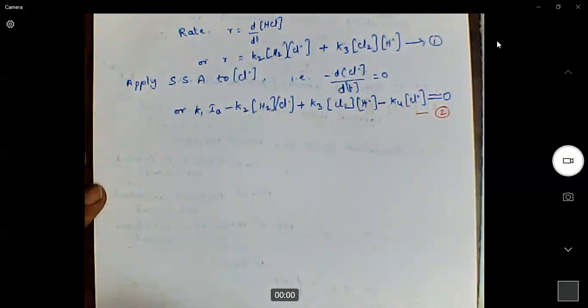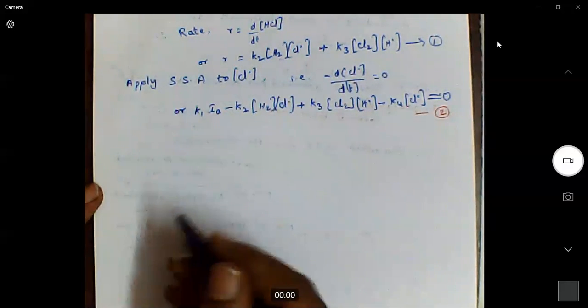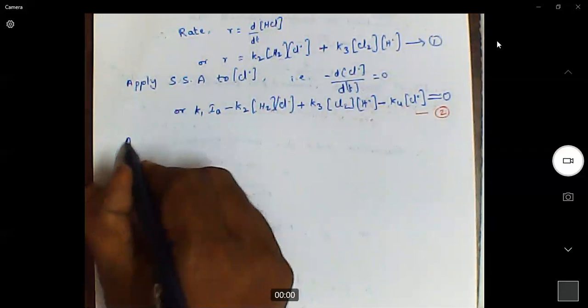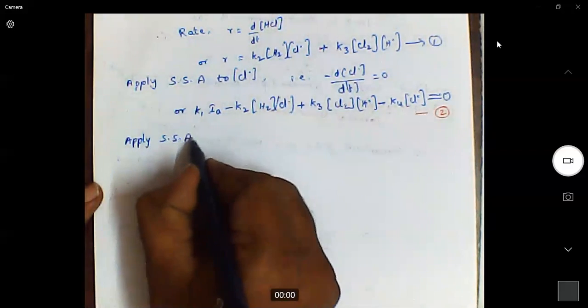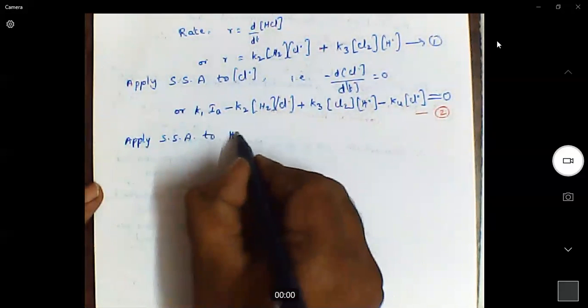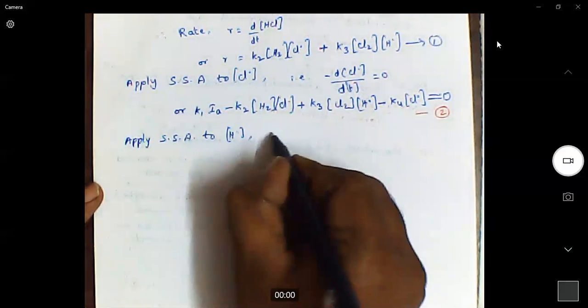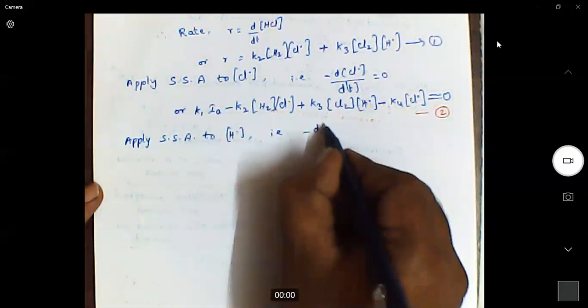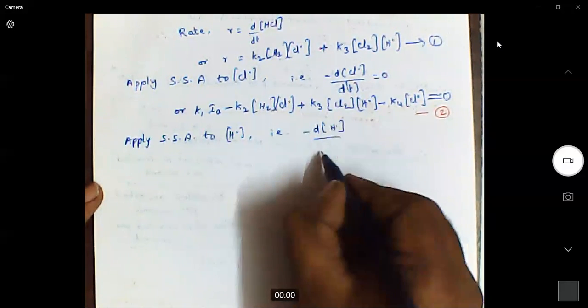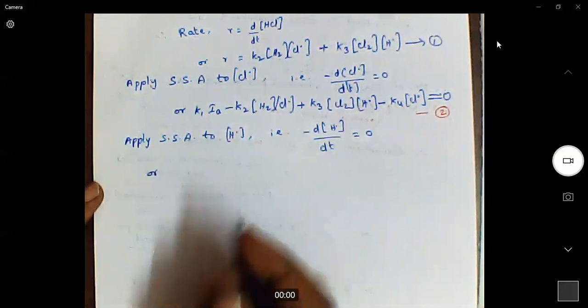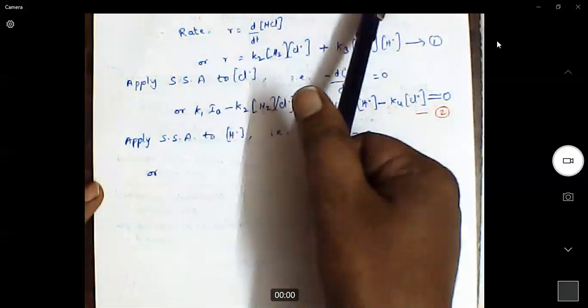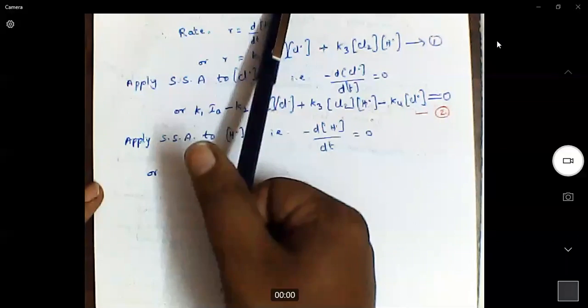Similarly, we will apply the steady state approximation to hydrogen radical. That is, the rate of change in the concentration of hydrogen radical is 0. Hydrogen radical is produced in the second step and consumed in the third step.